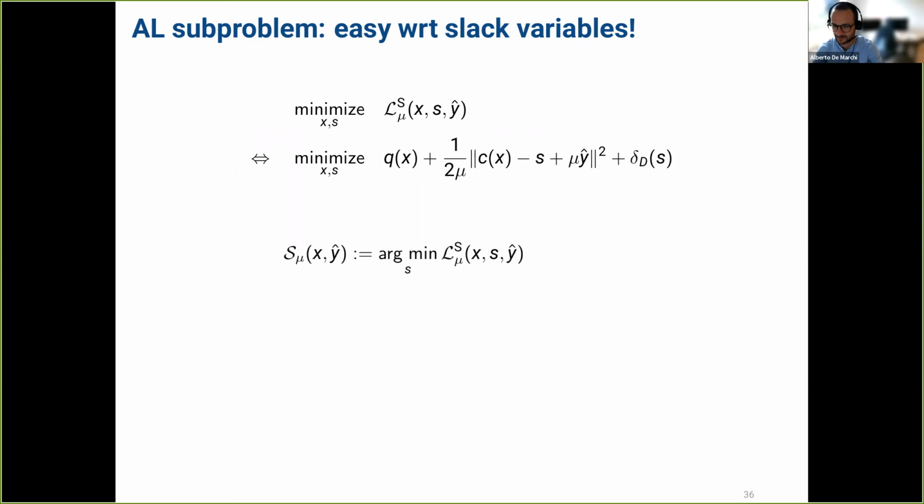So we can define this mapping as mu, that given x and the dual estimate, we can find the minimizer of the Lagrangian, and this is nothing but the projection of this cx plus mu y hat.